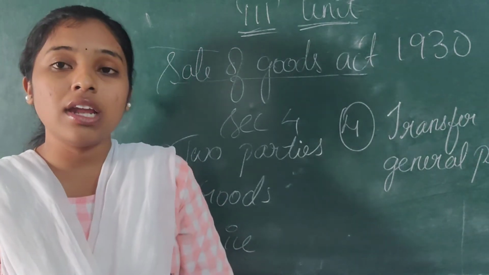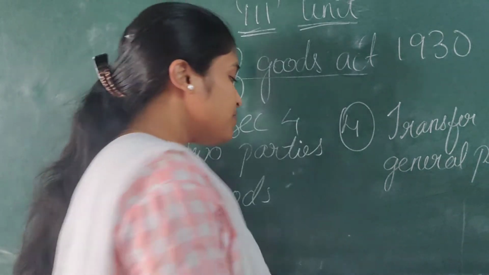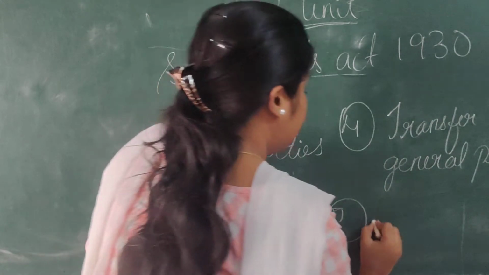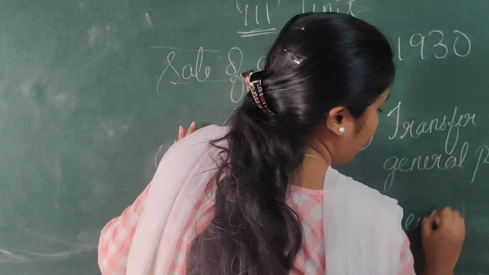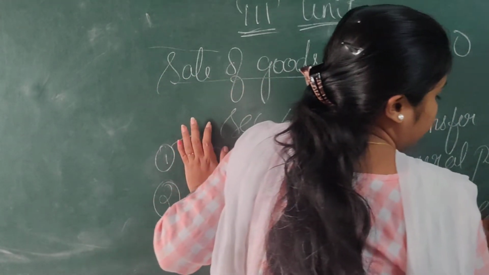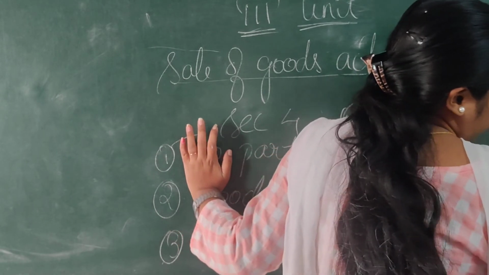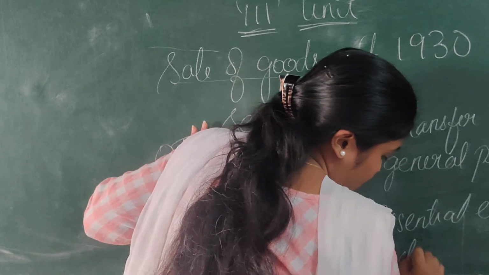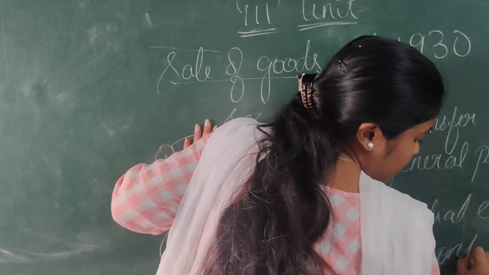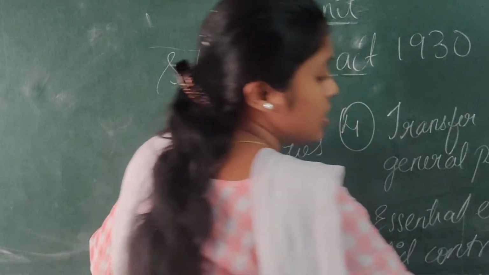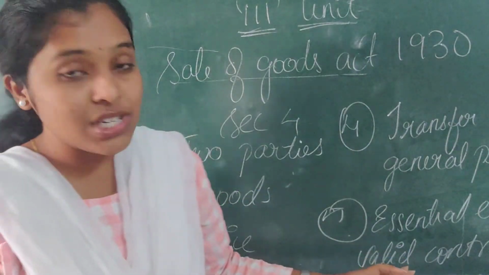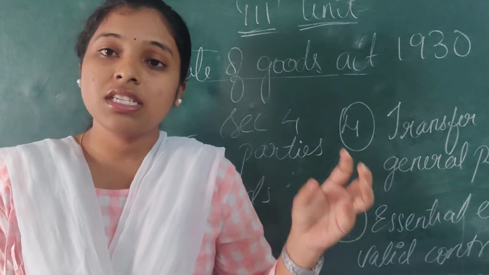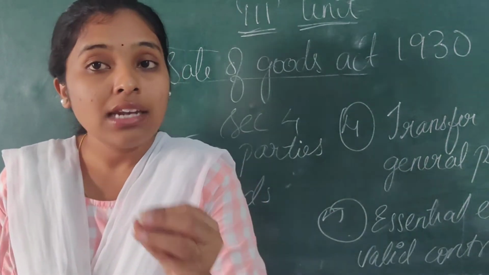And the last essential element for a valid sale is the essential elements of a valid contract. The fifth essential element of a valid sale is all the essential elements which are there in a valid contract.